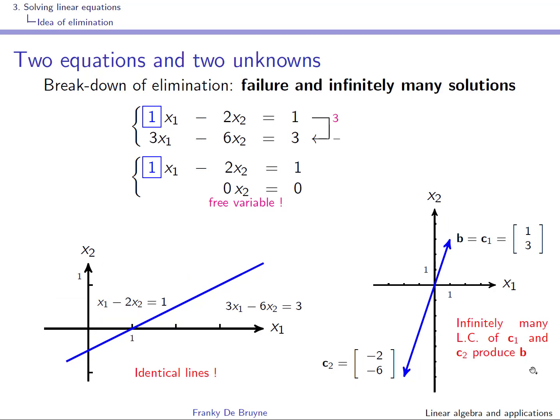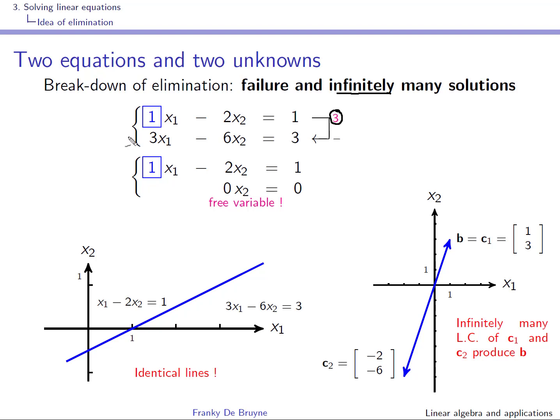So here the Gaussian elimination breaks down, but for another reason, and in this case there will be an infinite number of solutions. So we start from yet another system of equations and we do our Gaussian elimination. We start at the top left, we have our pivot, the multiplier is simply the entry to eliminate divided by the pivot 3.